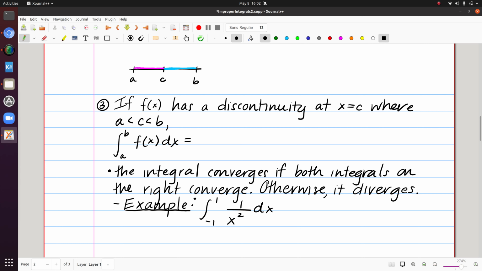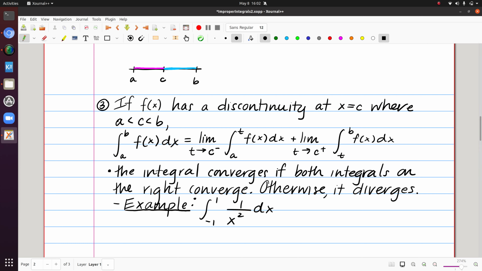So we're going to be able to break that in 2 and treat each of those using definition 1 and definition 2 respectively. So the integral from A to C is going to have a discontinuity at the right endpoint. So we can write that then as the limit as t approaches C from the left of the integral from A to t of f of x dx, plus the limit as t approaches C from the right of the integral from t to b of f of x.